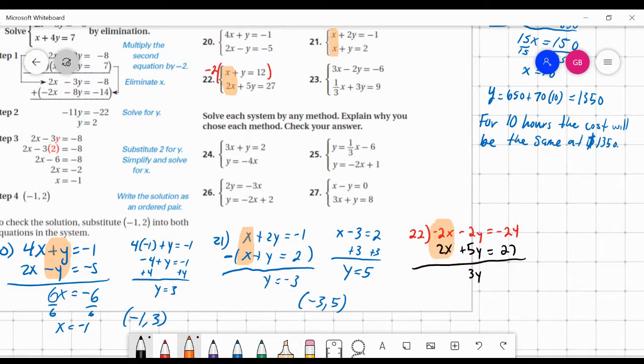So now we have 3y is equal to negative 3. Divide by 3, so y is equal to negative 1. I'm going to plug it into the first original equation. Add 1 to both sides, so x is 13.